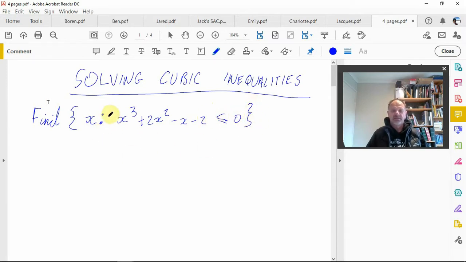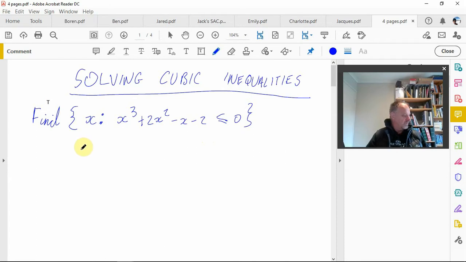So basically what it's saying is, what x values make this less than or equal to 0. Now, in the textbook they haven't actually written it like that, but anyway, not to worry.